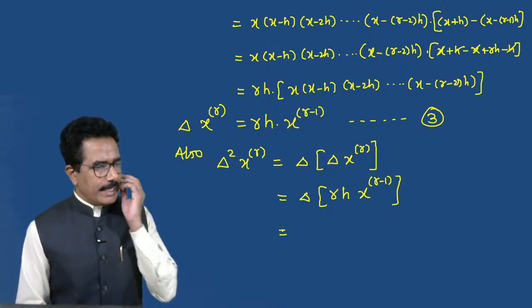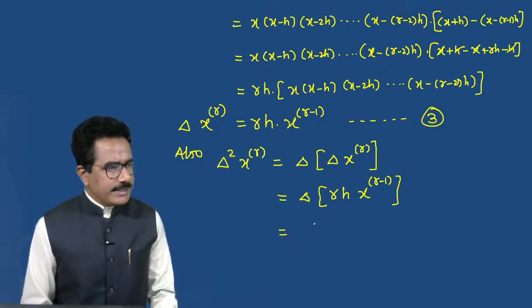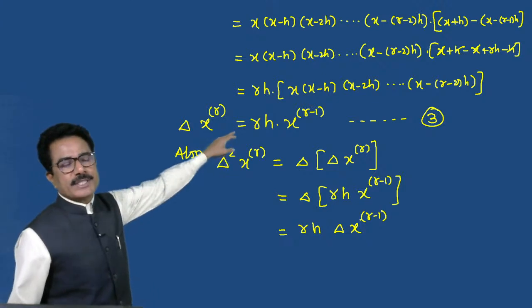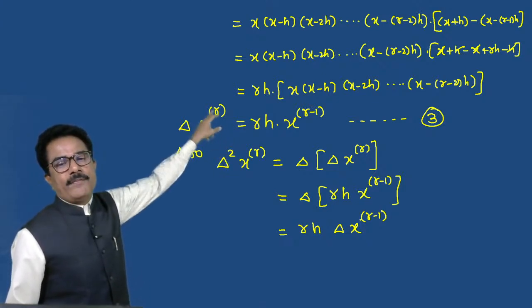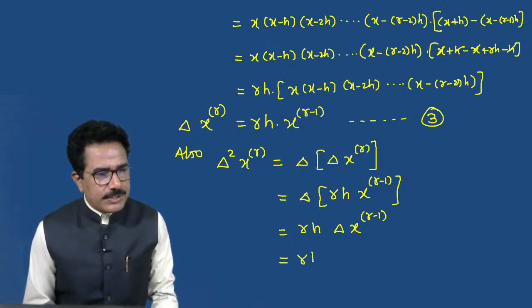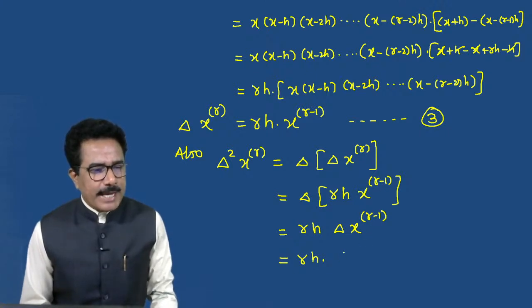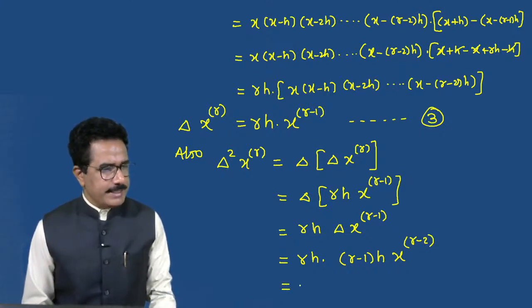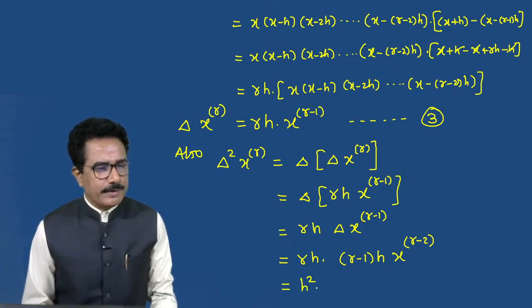Okay, so we can write this as, rh is the constant term. We can write delta of x raised to r minus 1 according to the first difference. If x raised to r factorial, then its first difference is rh into x raised to r minus 1. So here it becomes rh as it is, and taking the power multiple, that is r minus 1 into h x raised to r minus 2 factorial. So we can write this as h into h, meaning h square, into r minus 1 into x raised to r minus 2.